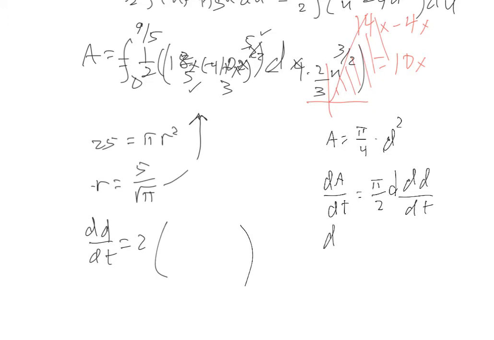And so dd dt is 2 over pi d times dA dt, which is 3 if I remember right. And then we just solve for the diameter up here when we know that A is 25. Okay, simple algebra. I'll let you do the work.